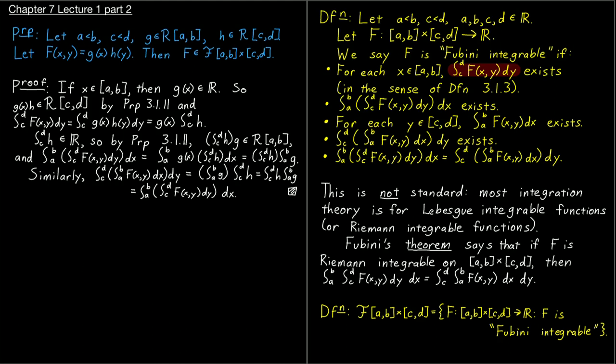Here is another proposition. It is pretty similar to proposition 3.1.11. It says that the set of Fubini integrable functions on any rectangle is a vector space.